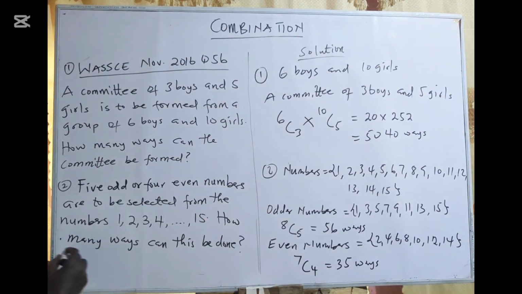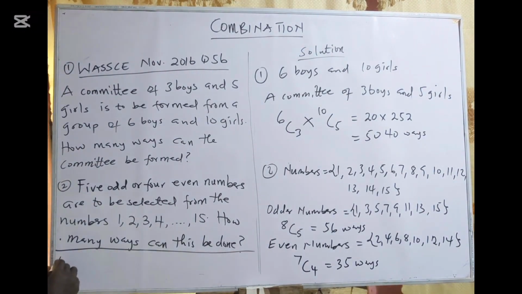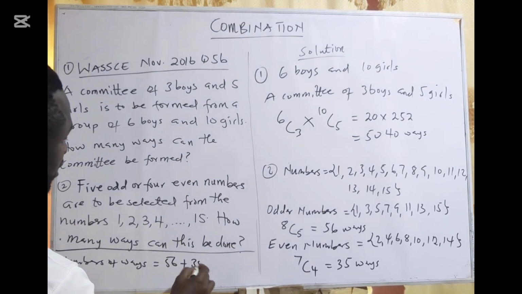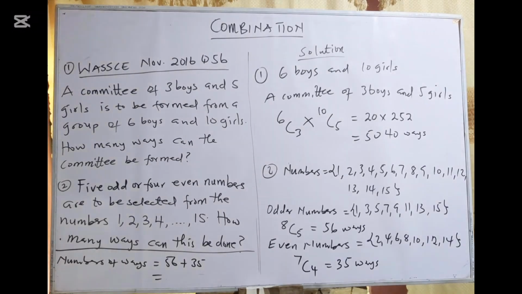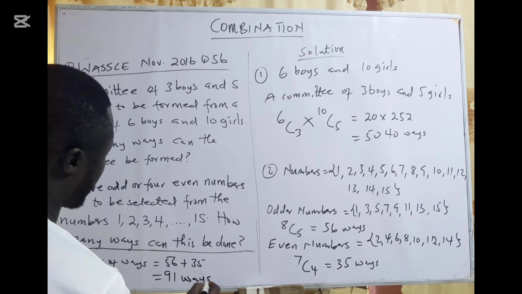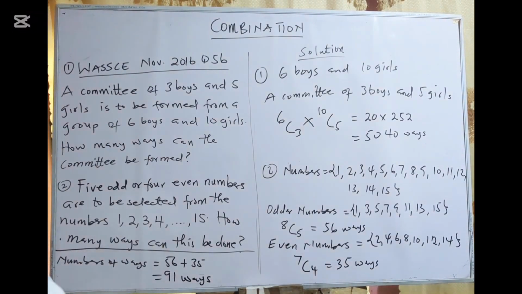Addition. So I will say that the number of ways will be equal to what? 56 plus 35. Alright. That will give me 91. So 91 ways. So the number of ways I can select 5 odd or 4 even numbers from the set of numbers 1 to 15 is 91 ways. I believe you get it and you have understood this.